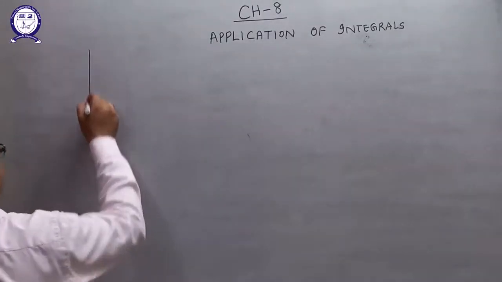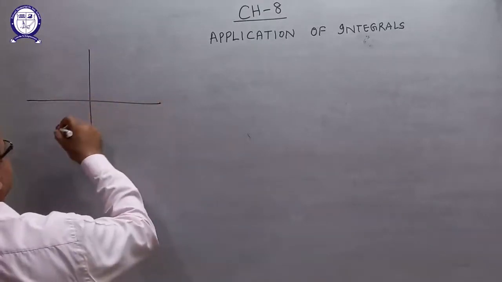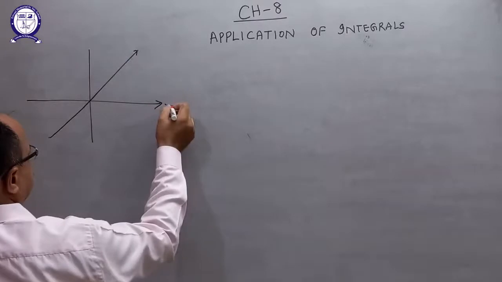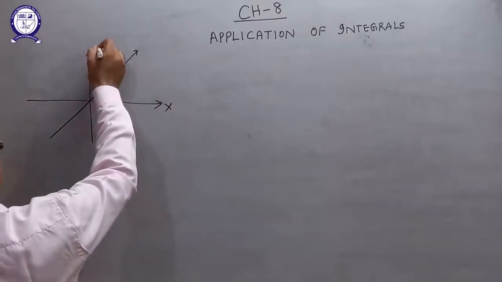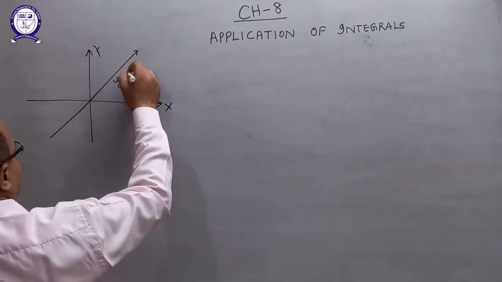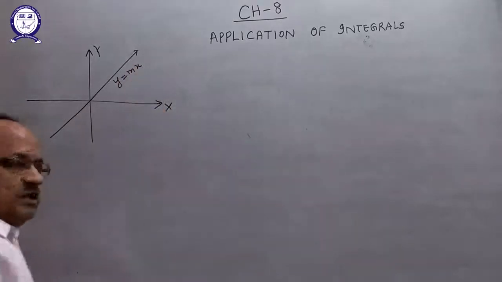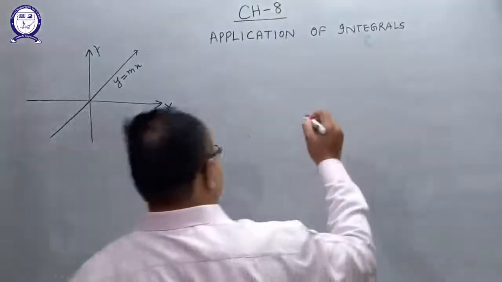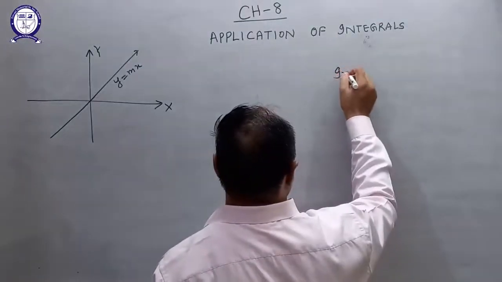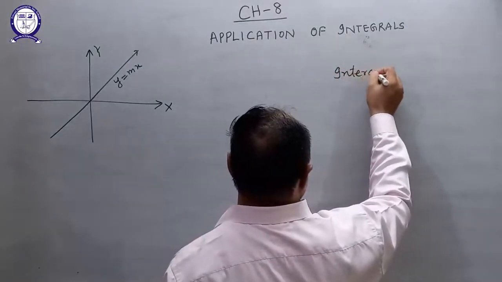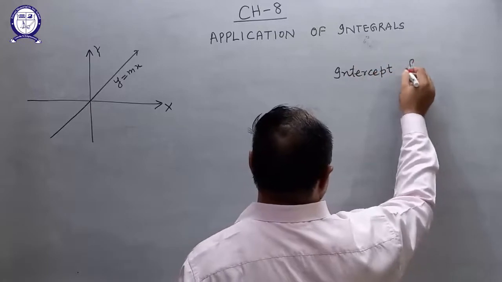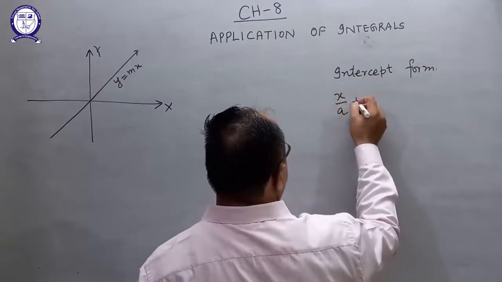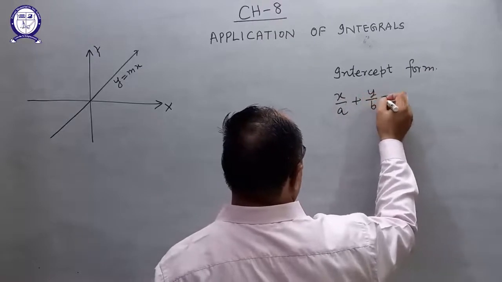Next, the equation passing through the origin. This is x axis, y axis, y is equal to mx. And you know the intercept form, that is x by a plus y by b is equal to 1.